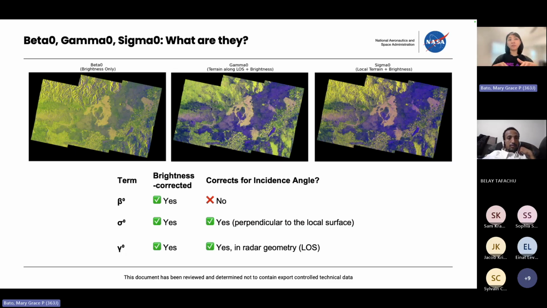So VV to red and VH to green, and then the ratio of them for the blue band, and you can have something like this, and it will give you really striking features for mapping several systems or several flows, for example, in our case.